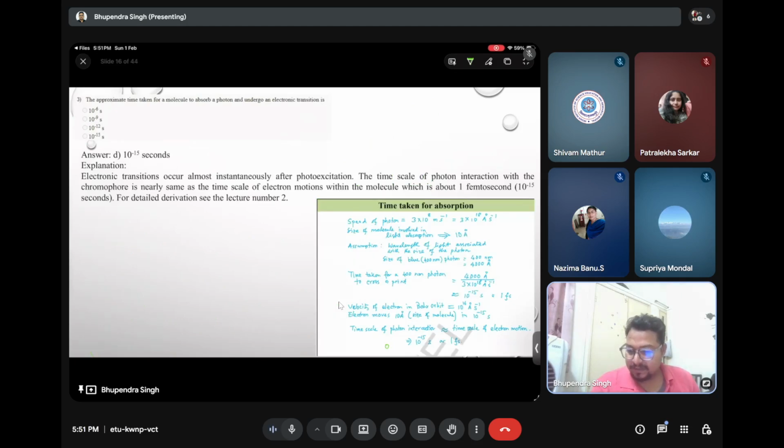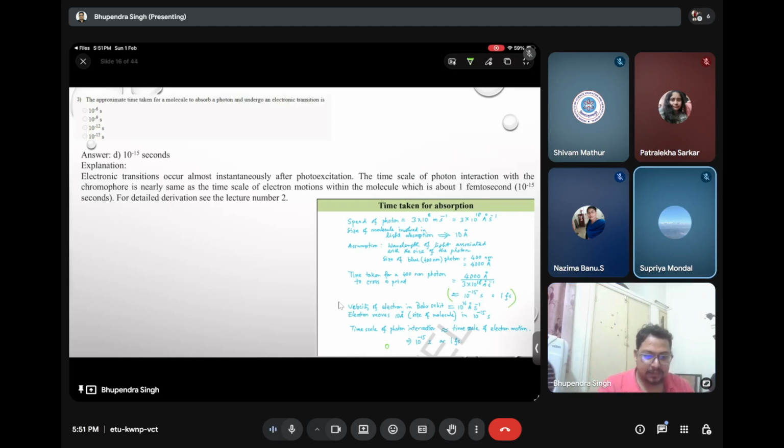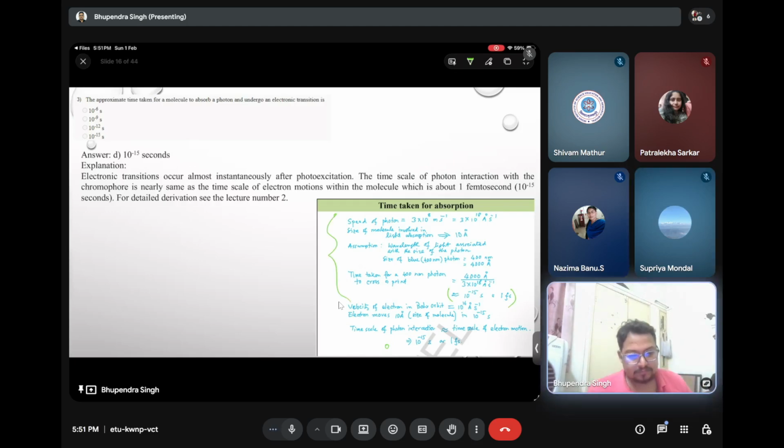The approximate time taken for a molecule to absorb a photon and undergo an electronic transition is. This you must have known. Yes, and the calculation is written here. Let's say the way sir has solved it, the speed of light is 3 into 10 to the power 8 meter per second, right?